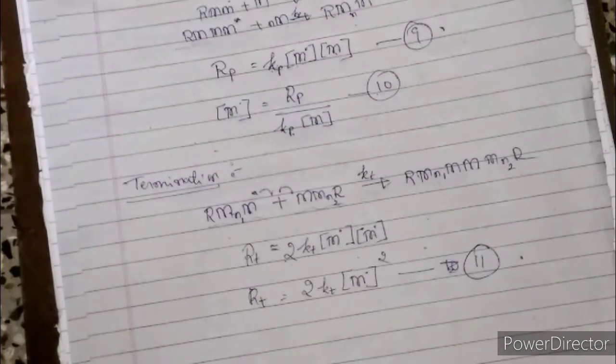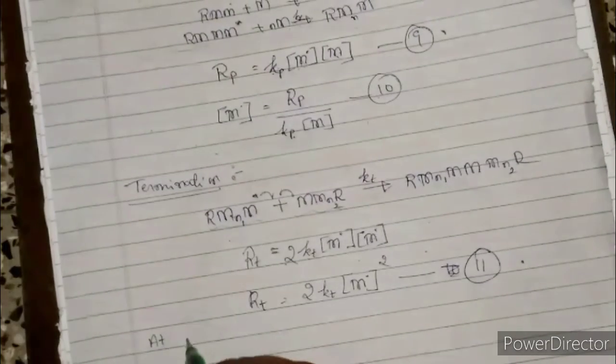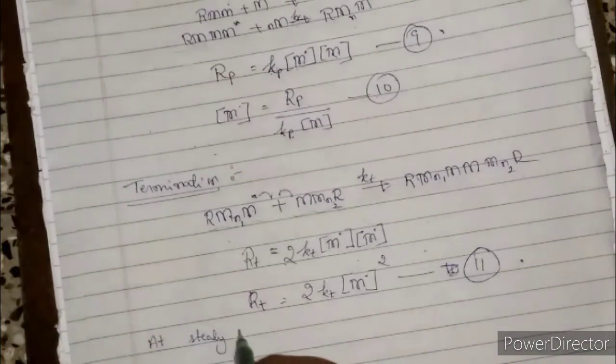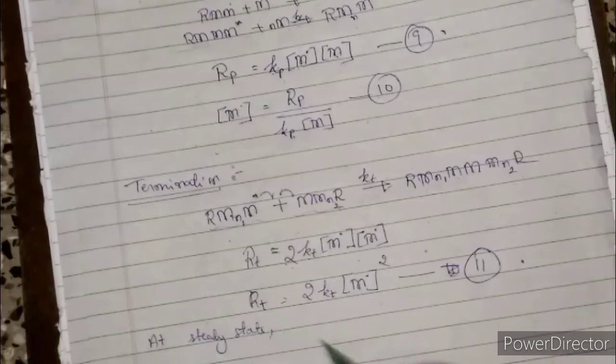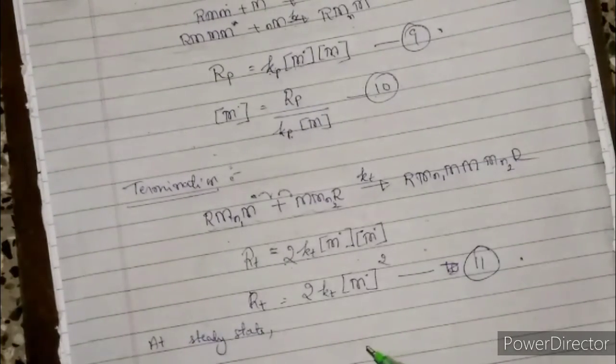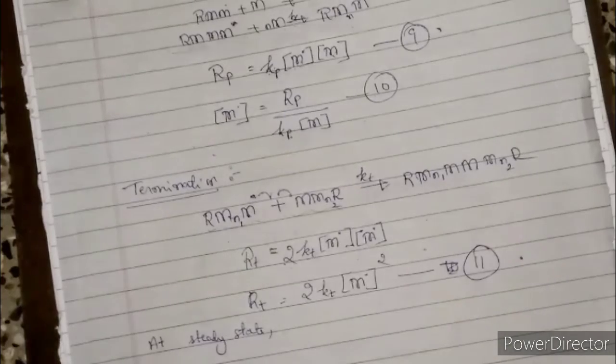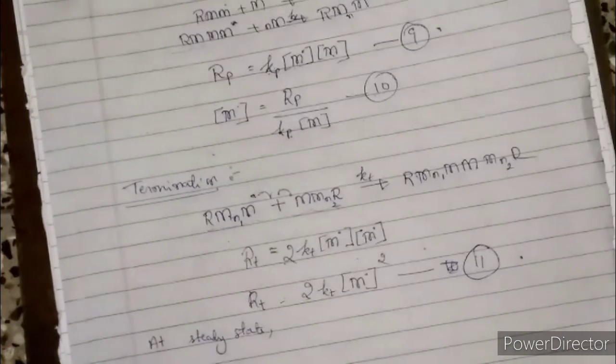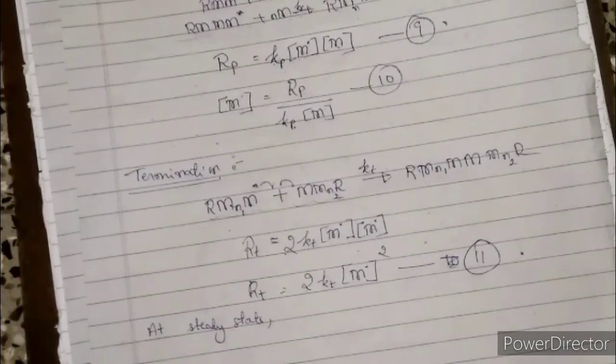Now, at steady state, which means at equilibrium, the number of chain growths that are started must be equal to the number of chains that are arrested. However many polymer chains are started, that many should be arrested.